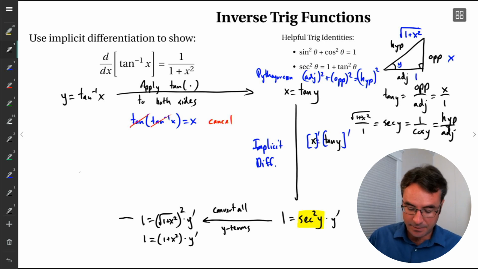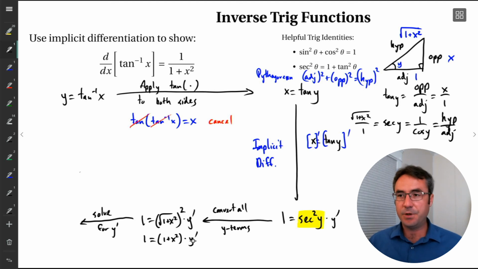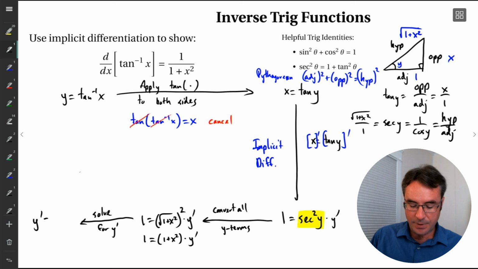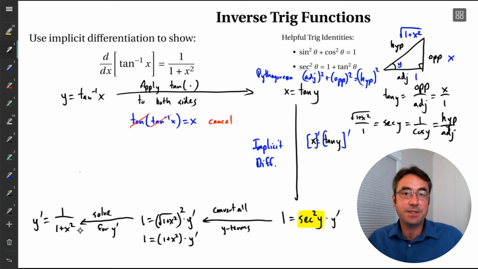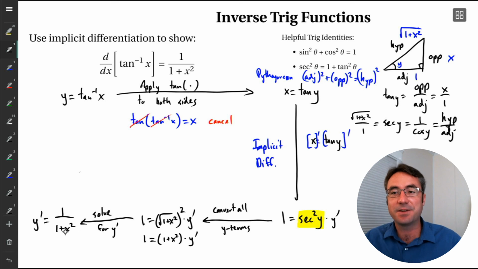That's the last step here. We want y prime by itself, so just divide both sides by 1 plus x squared. And we get y prime as 1 over 1 plus x squared. And we've just shown it. The derivative of inverse tan, which we just renamed y here, is equal to 1 over 1 plus x squared.